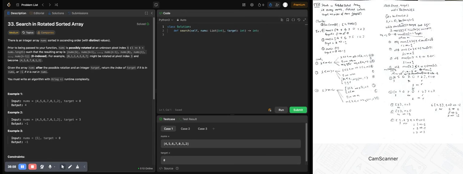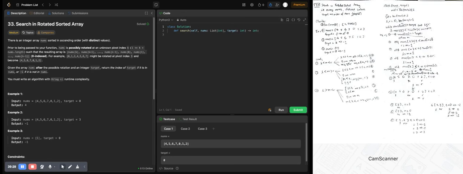Now what do we get here? It's none of the conditions. But is it? Nums of L less than target is not right. Mid is greater than target.